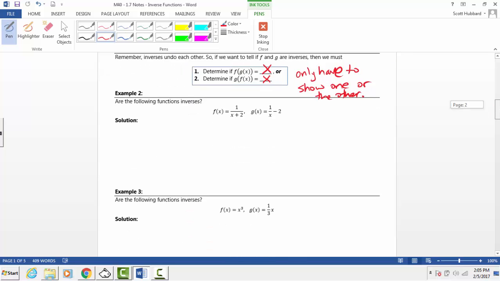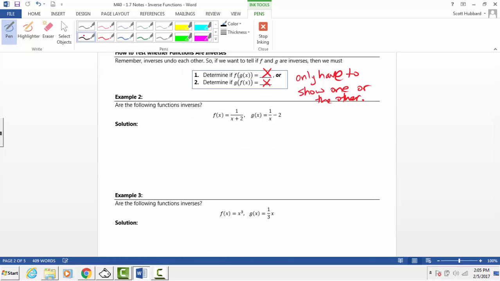So let's take a look. If I have these two functions, I don't know anything about them. I'm not going to graph them or anything. I just want to know, just from the algebra, can I tell if they're inverses or not? You just check. Let's do either f of g of x, and if they are inverses, they should cancel out and we should just get x. We could also do g of f of x equals x.